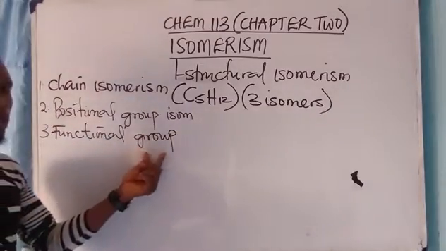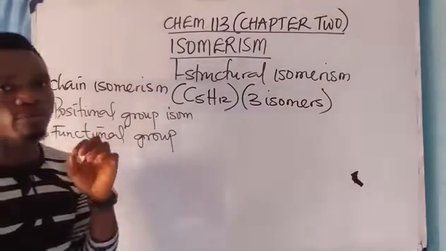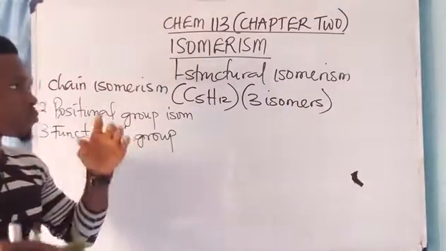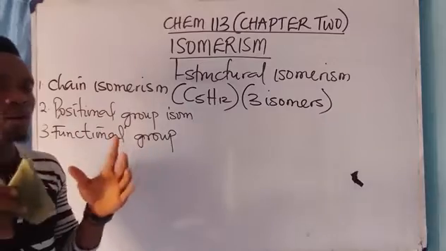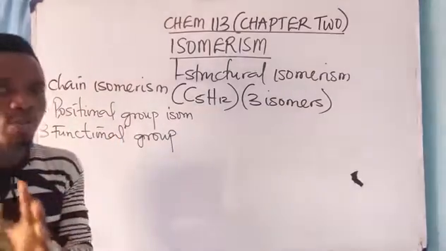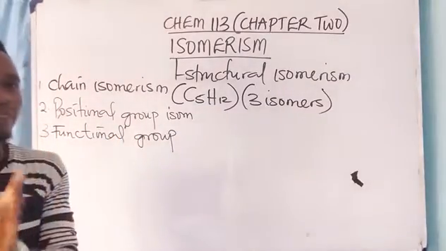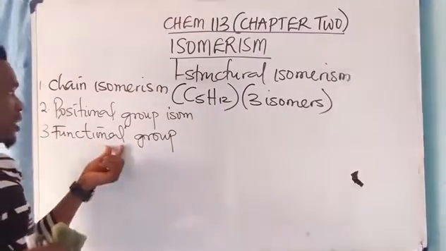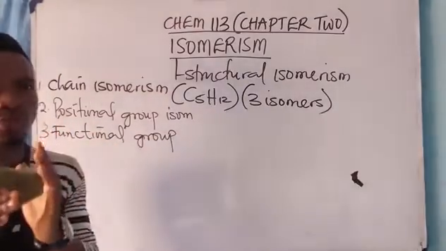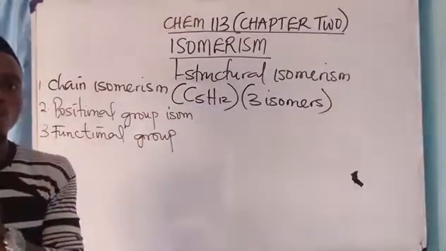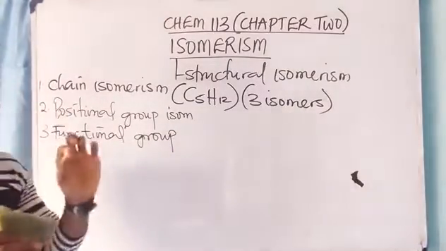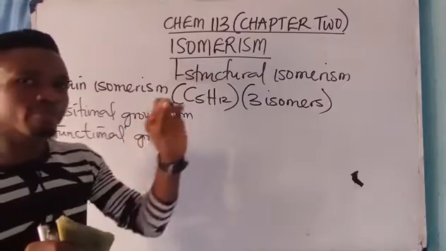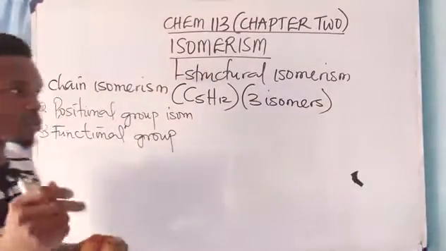Now, you have functional group isomerism. This is a type of isomerism in which two or more organic compounds have the same molecular formula, but different functional groups.